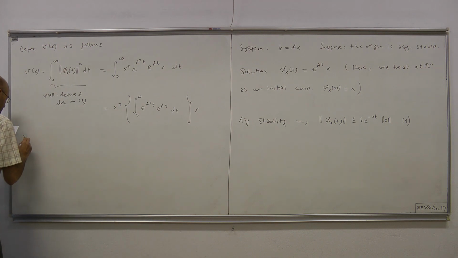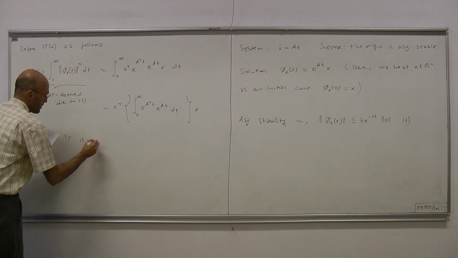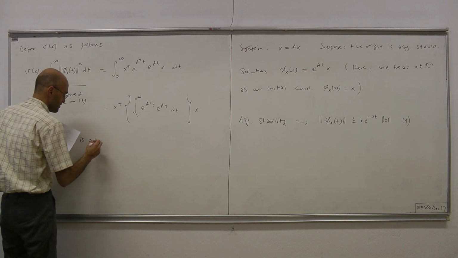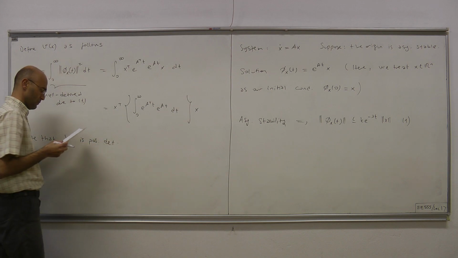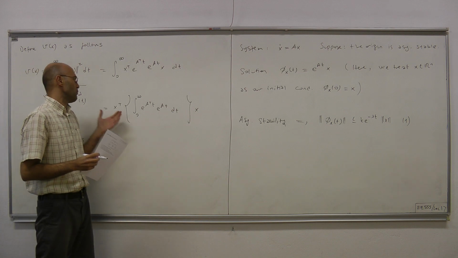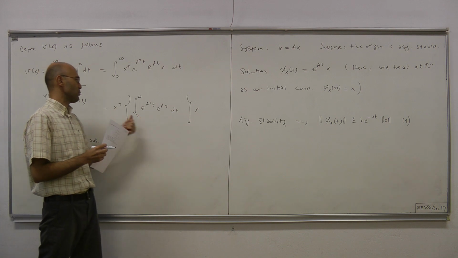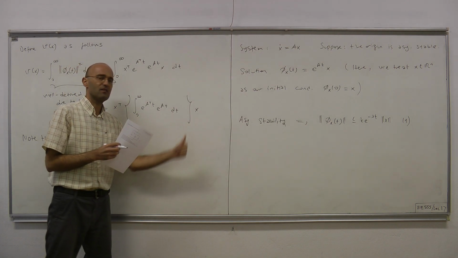Note that v is quadratic and it's positive definite. Okay. Why is it positive definite? Well, it's a quadratic function, that is x transpose times some symmetric matrix times x.